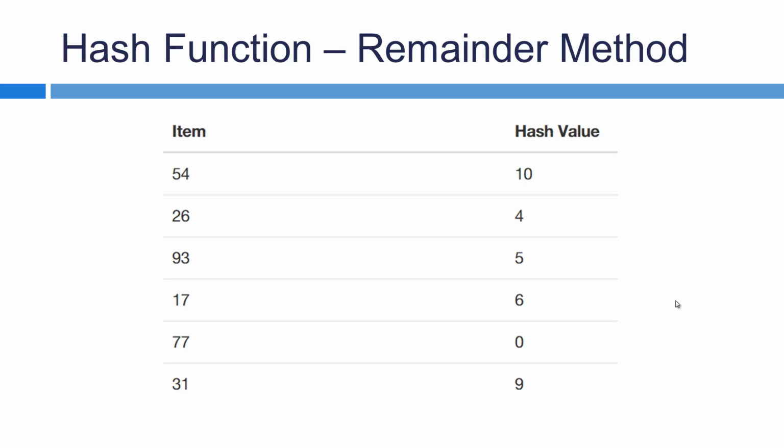So, 54 mod 11 returns 10. 26 mod 11 returns 4. 93 mod 11 returns 5. 17 returns 6, 77 returns 0, and then 31 returns 9. So we're doing 54 mod 11 to get the hash value, meaning 54 divided by 11 is going to be 4 remainder 10.